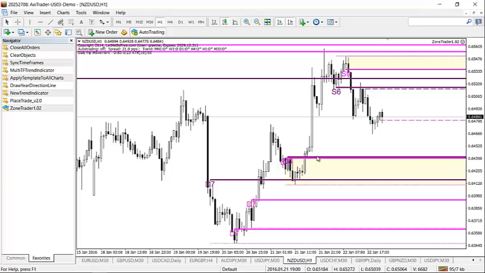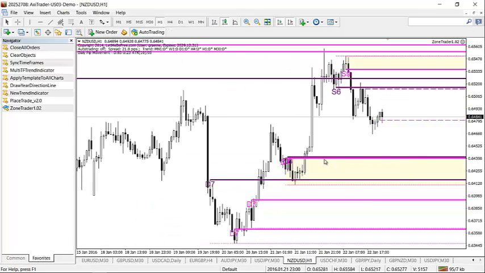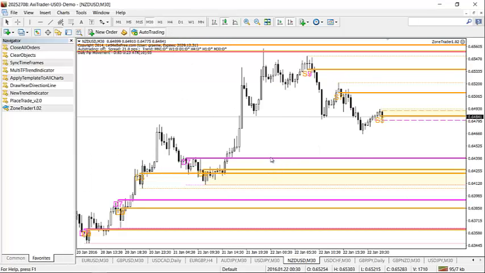Let's go a little bit closer, and we also have a 1-hour zone right at that very same level, so that certainly looks like a pretty good point to aim for going long. Just quickly down a little bit further. That's 0.6439, and this is the zone here.